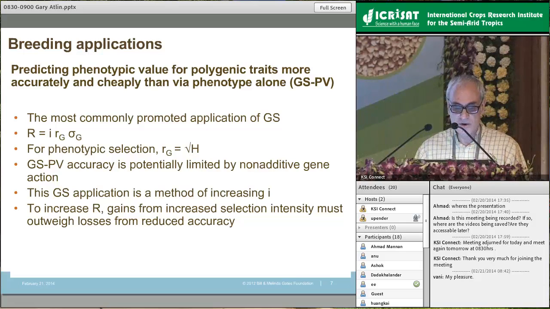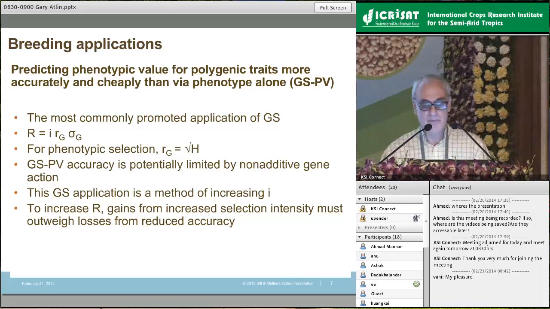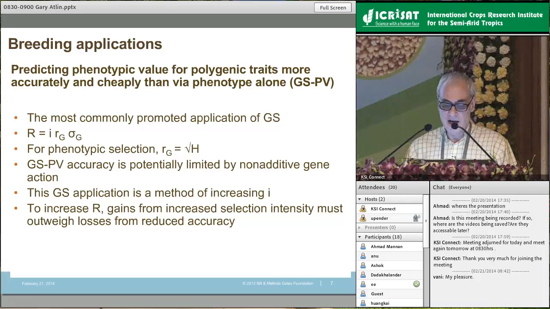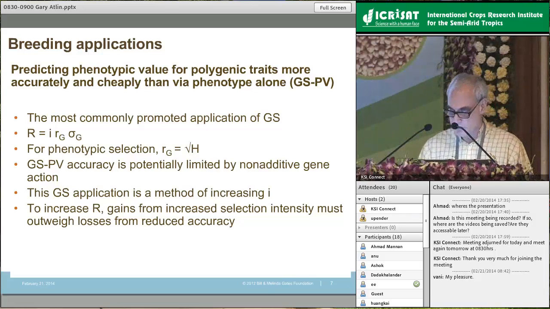But this genomic selection application is essentially a method of increasing selection intensity. And to increase response to selection in this way, the gains from increased selection intensity have to outweigh losses from reduced accuracy relative to phenotypic selection.